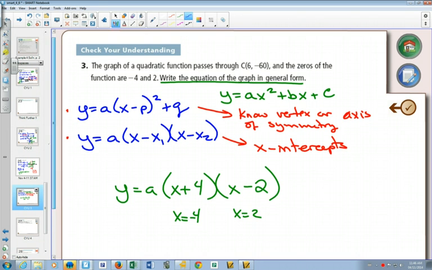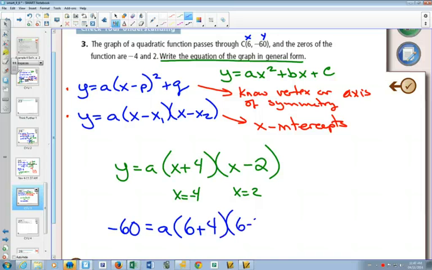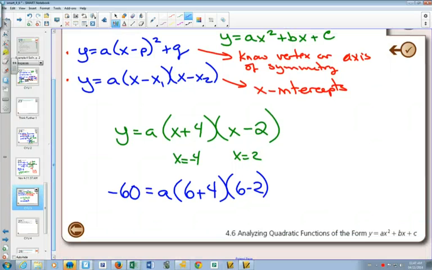That's where this question also tells us there's another point. We know that when x is 6, y is negative 60. So we can find A by saying if I plug in negative 60 for y, and I plug in 6 for x, what do I get?